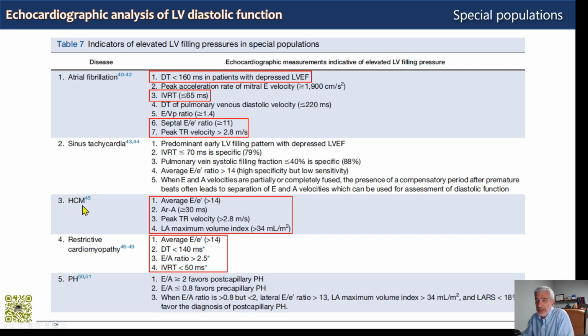And in hypertrophic cardiomyopathy, for example, an average E on E prime more than 14, and then you could use the difference in the duration of the reverse and antegrade A wave, a difference of more than 30 milliseconds would suggest high filling pressures, as also a high tricuspid regurgitation velocity of more than 2.8, and any large left atrial volume index.